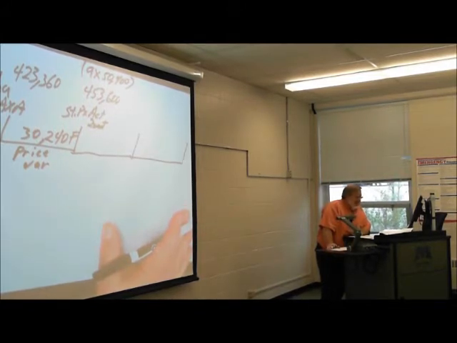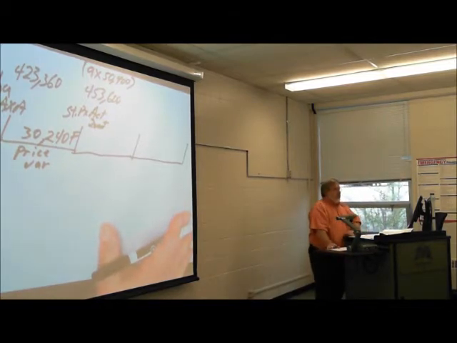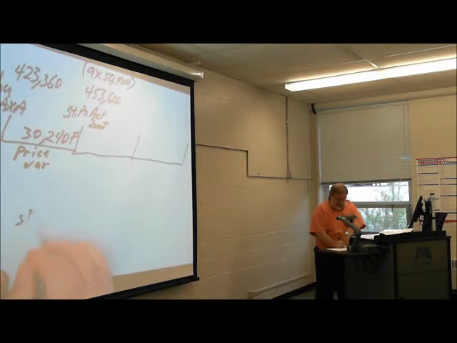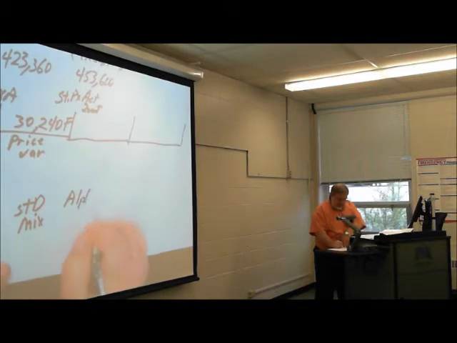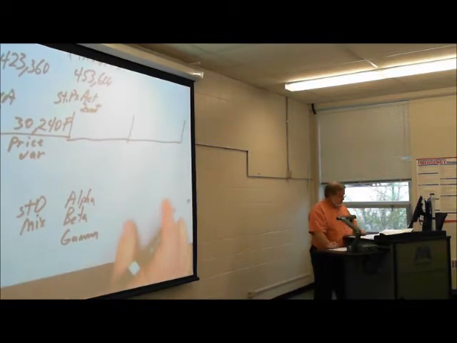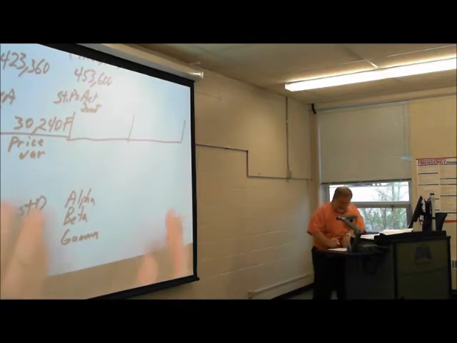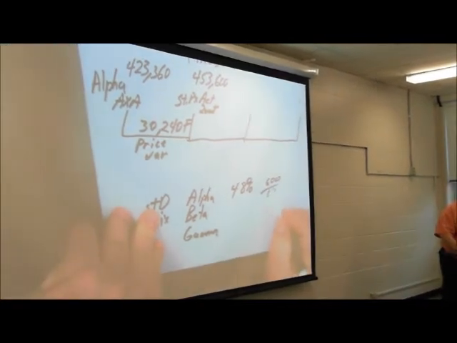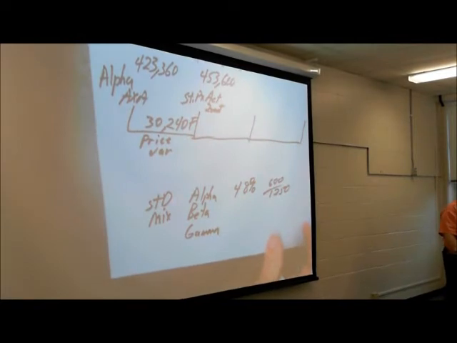Now, one of the first things we need to find out is our standard mix. We'll need that for all three of these. So what percentage is our standard mix? Alpha, we got beta and gamma. Is it 48% for alpha? How'd you get that? 600 over 1250. That's exactly right. Again, all we're doing is using the numbers at the bottom of page 650.